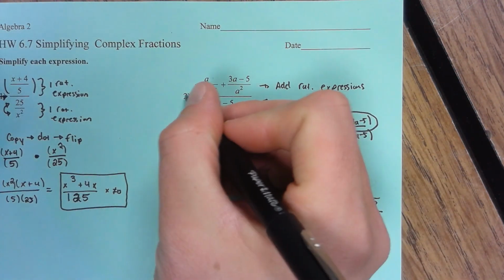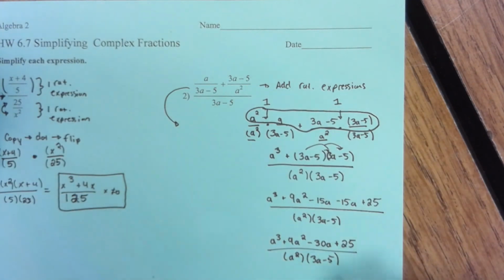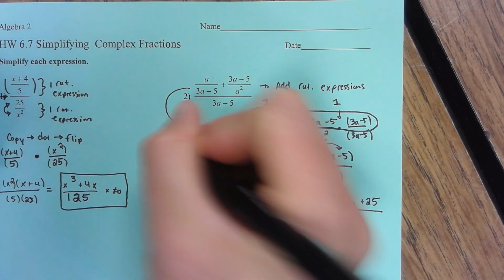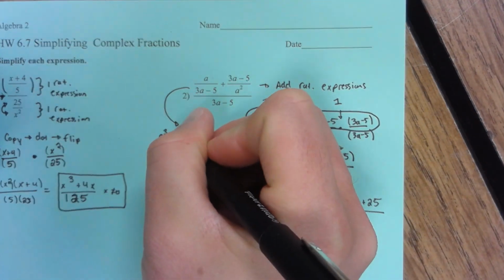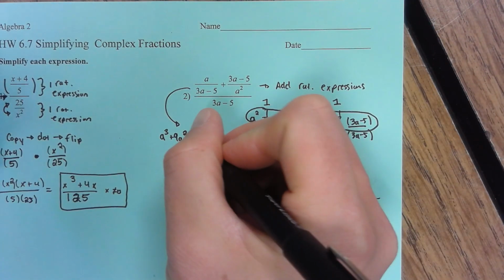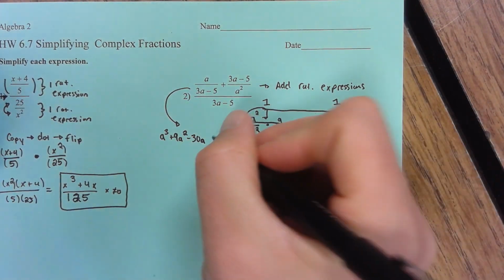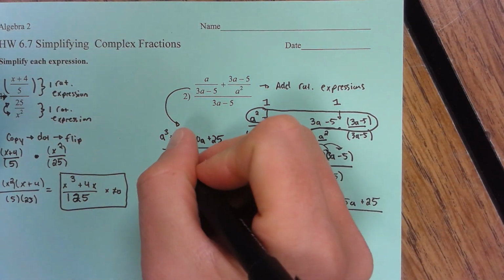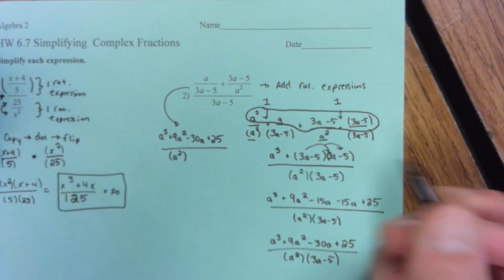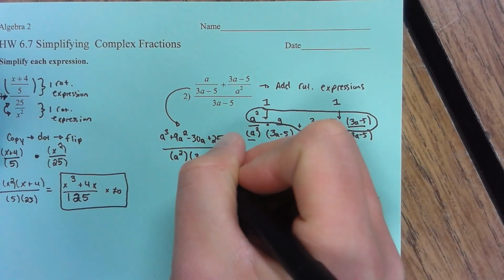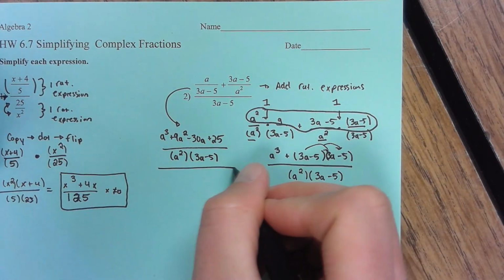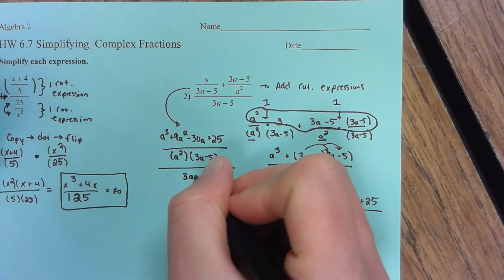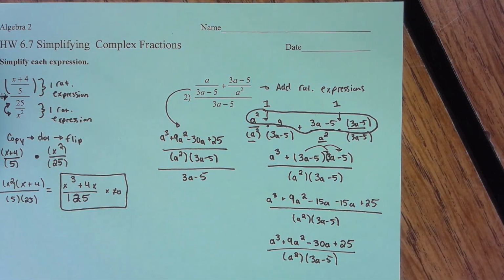Okay, so this is now turned into this whole fraction, so a cubed plus 9a squared minus 30a plus 25 over a squared and then 3a minus 5. All of that is now getting divided by 3a minus 5.